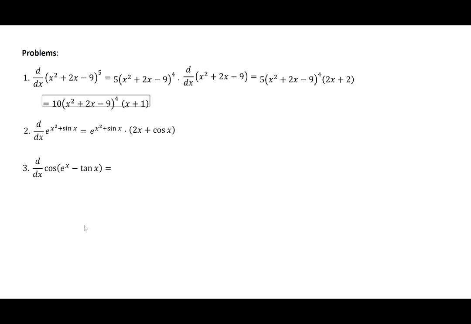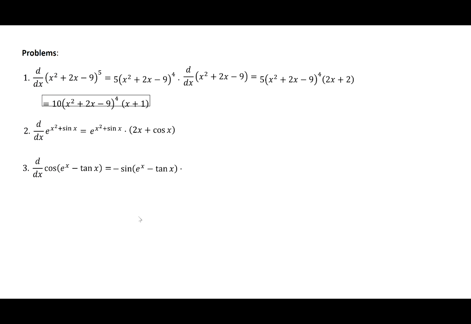So cosine of u. What is u? The stuff inside the parentheses, e to the x minus tangent x. So ask yourself, what is d du of cosine u? Negative sine u, right? So as a first step, we have negative sine of e to the x minus tangent x.